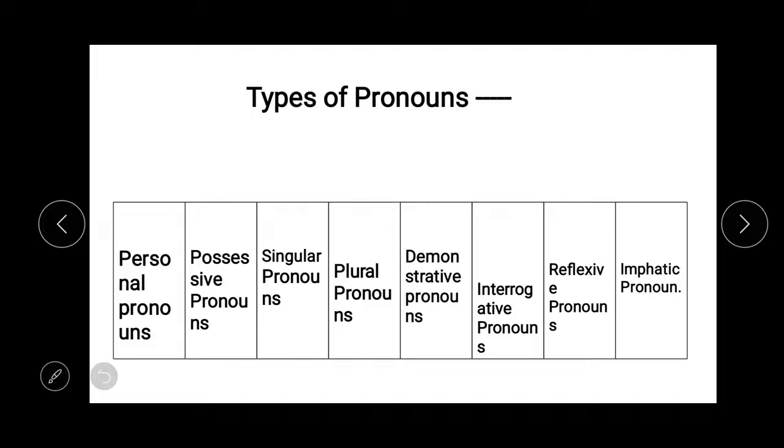And from tomorrow, students, we shall start with the next pronouns, which are singular and plural. I shall do the next two pronouns together, which are singular pronouns and plural pronouns. So students, this is the end of our today's class. I hope that you all have well revised.